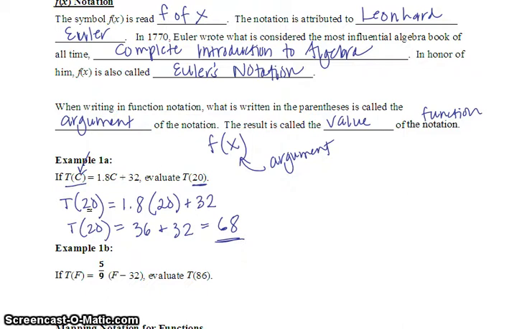In example 1b, if t of f equals 5/9 times f minus 32, evaluate t of 86. So we're going to plug in 86 for f. Wherever you see an f, you're going to put an 86.